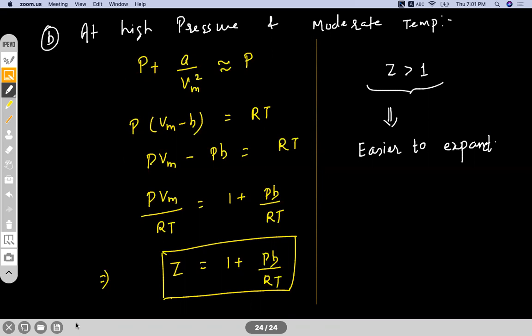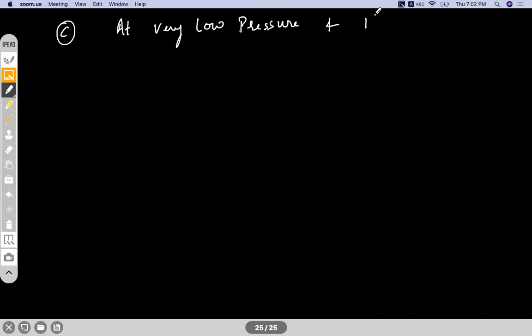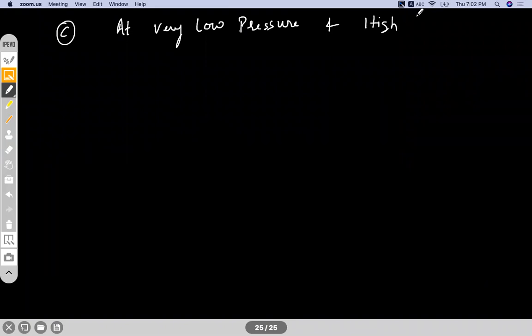The last condition you see for the calculation of the value of Z, the compressibility factor, is at low pressure and high temperature. Here we are taking very low pressure actually. So for the low pressure, we have the same condition.